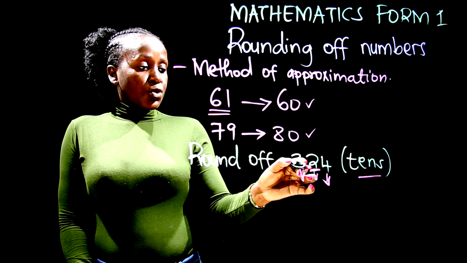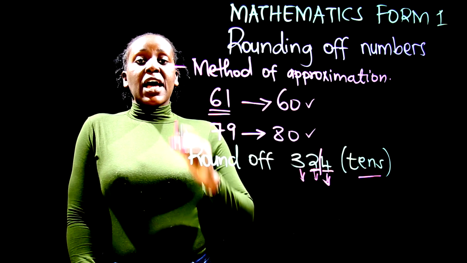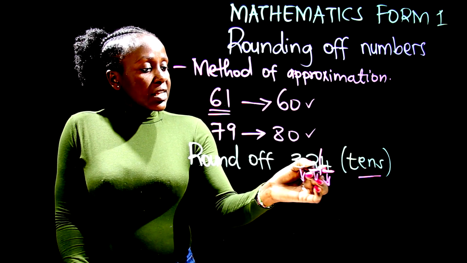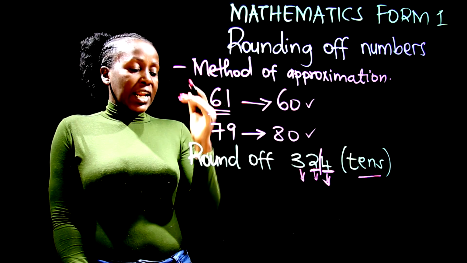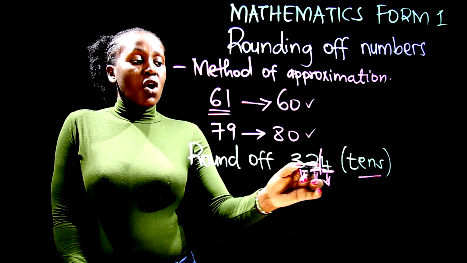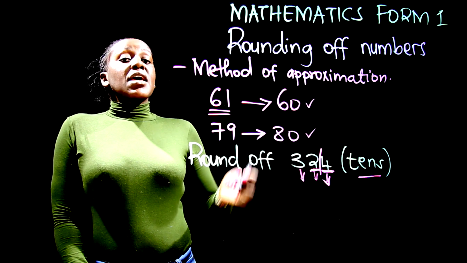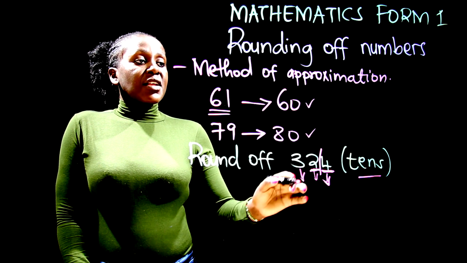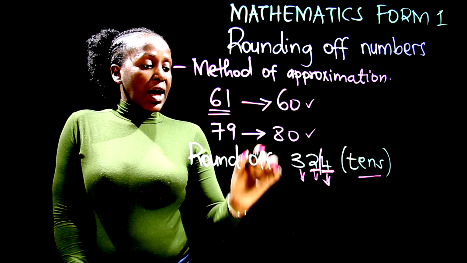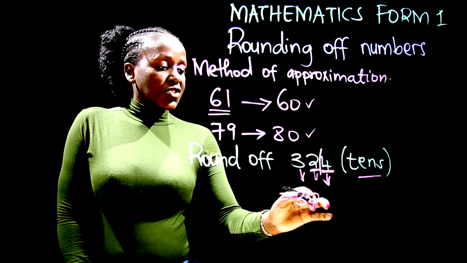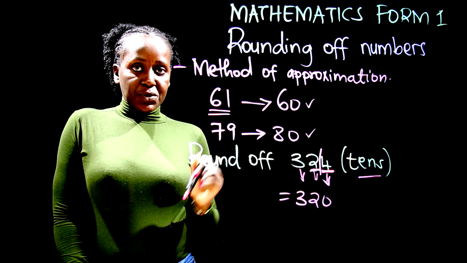After identifying 2, we check the next number after 2, which is 4. And then you ask yourself, is this next number 5 or greater than 5, or less than 5? Now you discover that 4 is less than 5. So if the digit that we are considering is less than 5, then it is rounded down to a 0. So since 4 is less than 5, our answer will be equal to 320 because 4 is rounded down to a 0.